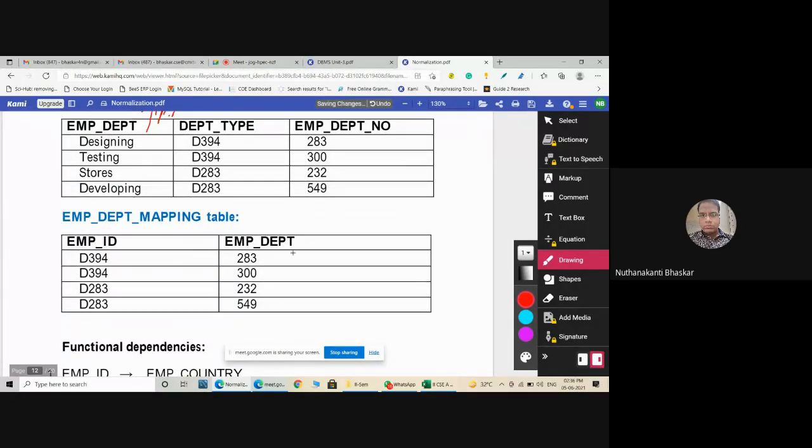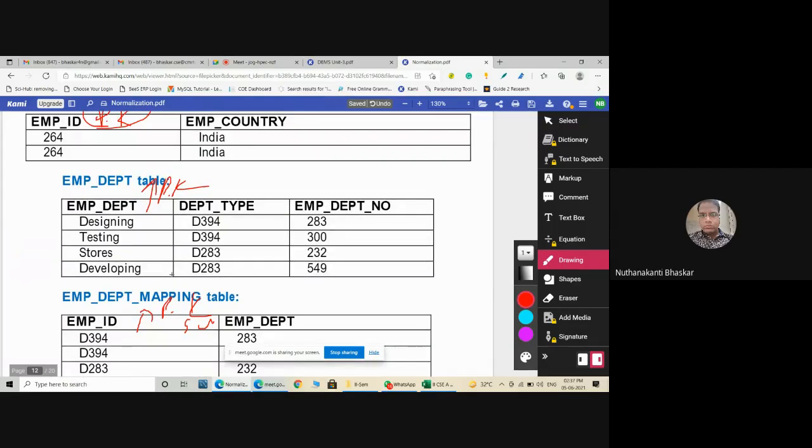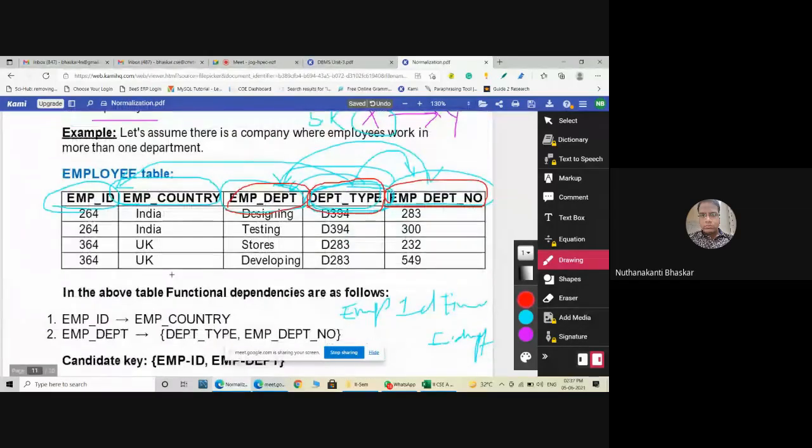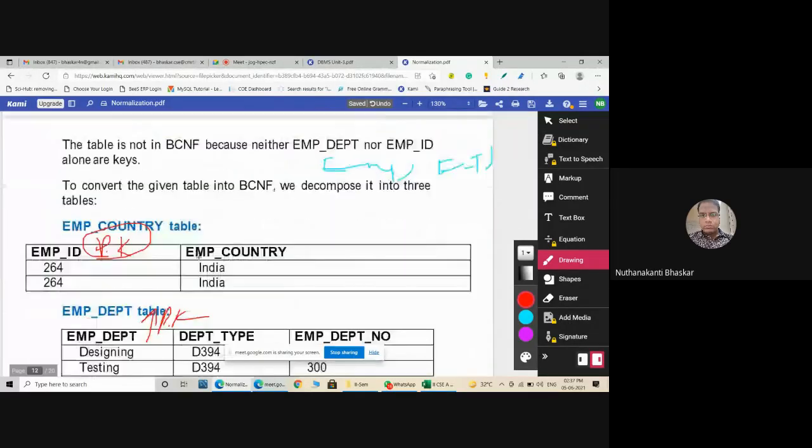And employee ID and employee department is also a primary key, nothing but a super key, because all the things must be under consideration. So left hand side must be super key. Don't expect the table is always divided into two tables only, sometimes three, sometimes two only. Here in this example, we need to map these two things.